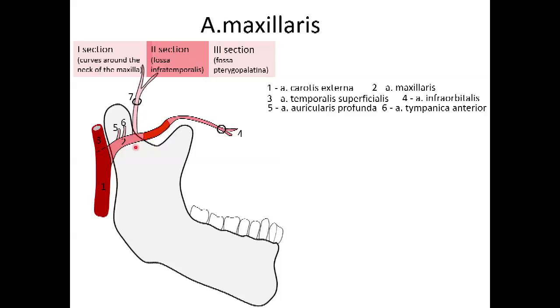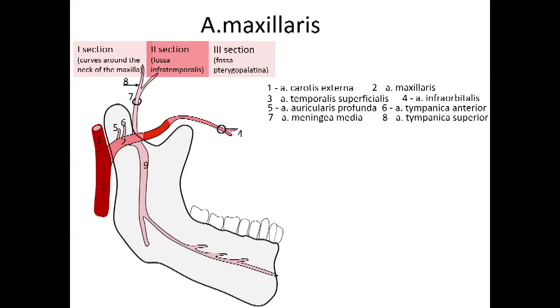And then a fairly large vessel, number 7, is arteria meningea media. And the branch of it, arteria tympanica superior, number 8, also passes inside the temporal bone.